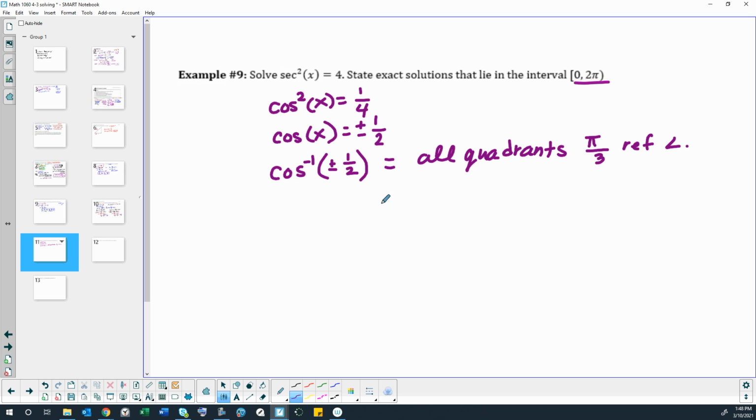So all of the answers from 0 to 2 pi would be x equals pi thirds, 2 pi thirds in the second quadrant, 4 pi thirds in the third quadrant, and 5 pi thirds in the fourth quadrant. If we go higher than that, then we'll go past 2 pi.